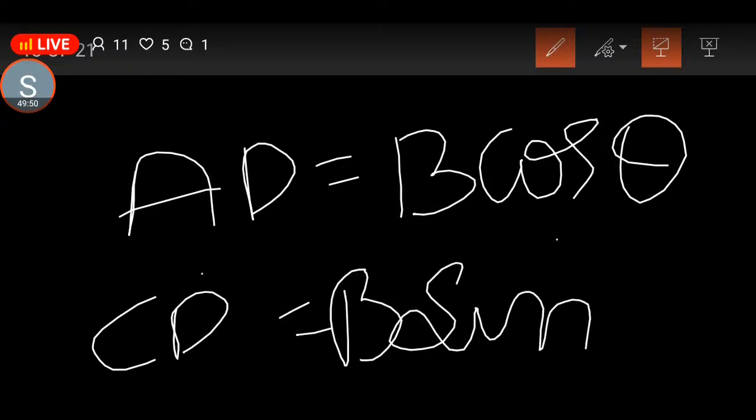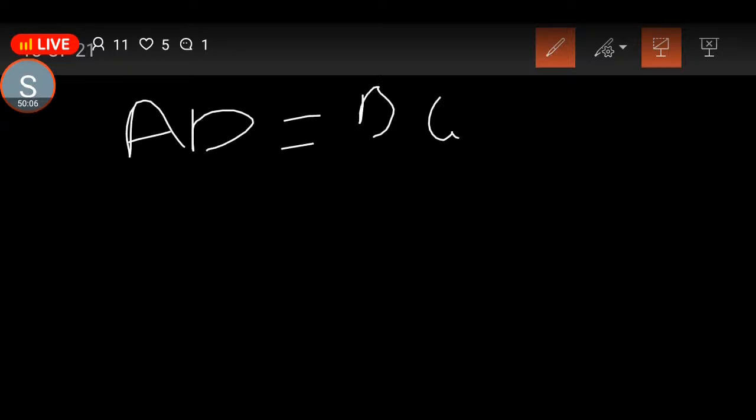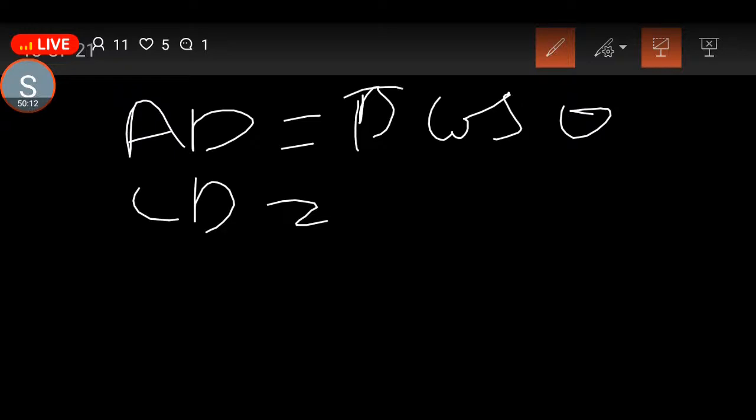In order to find OC, I have done this. Now we have got the results: AD is equal to B cos theta, and CD using sine is B sin theta. The cos I have shown, sine I did not show; you can do it by yourself.